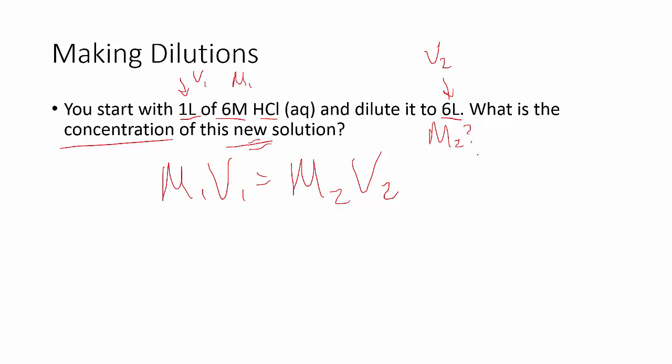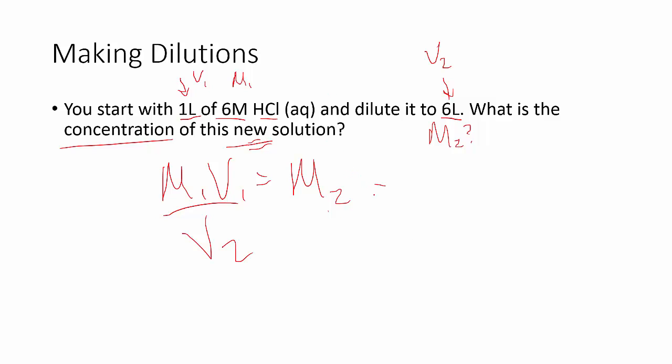Now I'm a big fan of getting the one thing we're trying to solve for by itself and rearranging everything, because one letter is a lot easier to deal with than a really big number with a bunch of digits in it. So I'm trying to get M2 by itself. I divide both sides by V2, and I'm left with the equation I want: M2 equals M1V1 over V2.